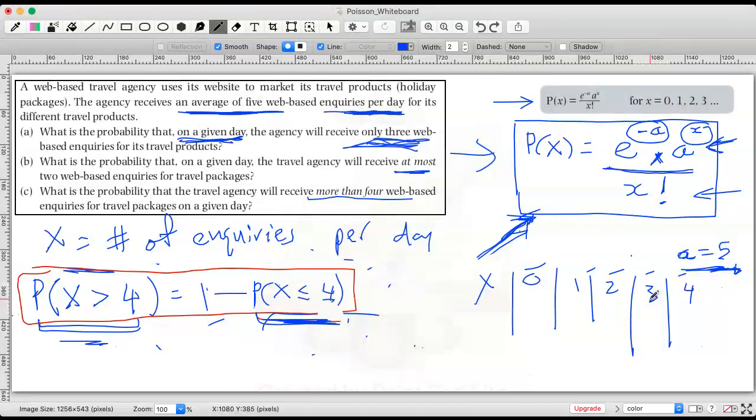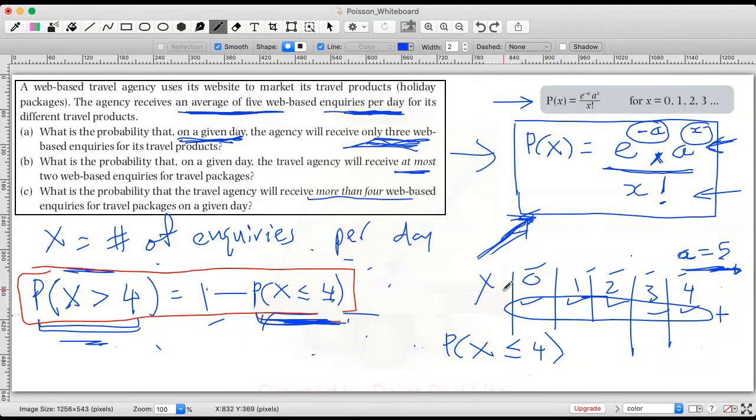Once I work out each of them and add them all up, that's going to give me the probability of x less than or equal to 4.